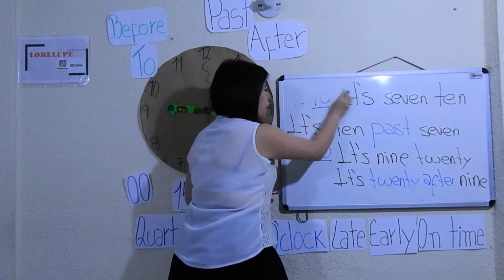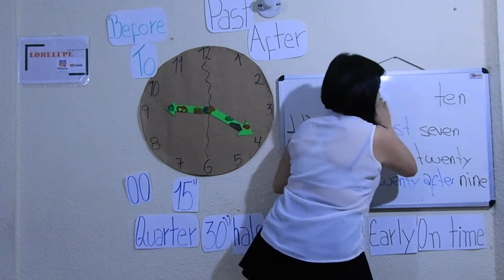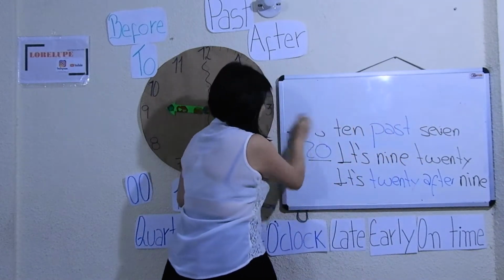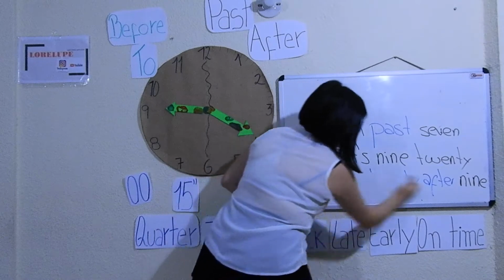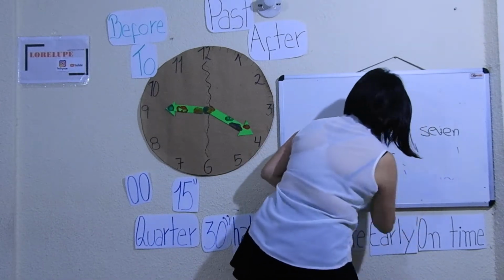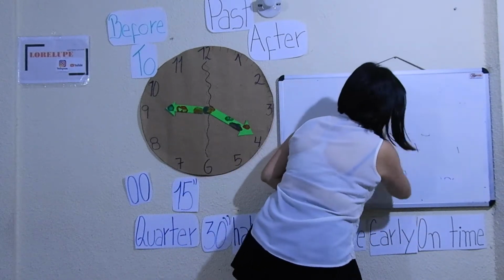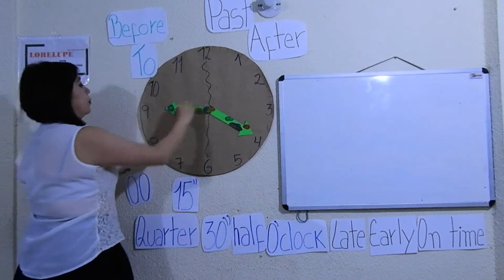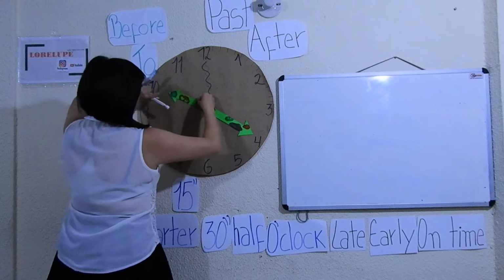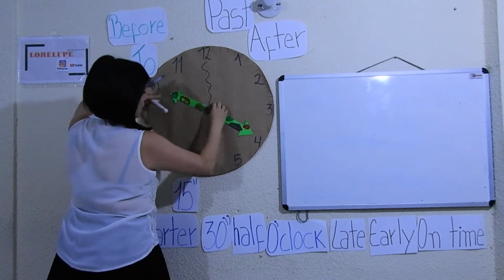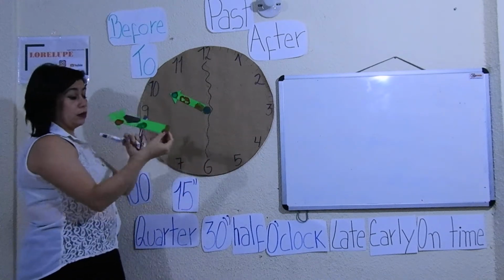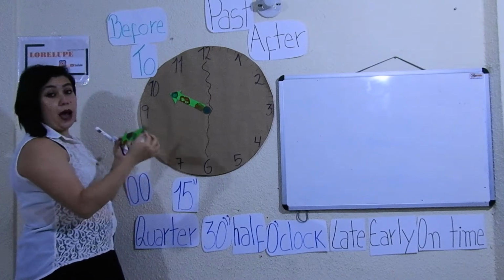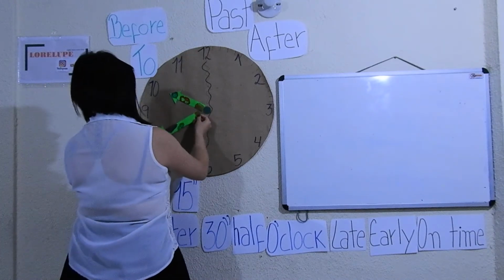It's going to be super easy, es fácil. Pero sí tienes que ponerle un poquito de atención. Okay? So, give me a second, I have to clean this one. For example, here we are going to locate our minute hand over here.